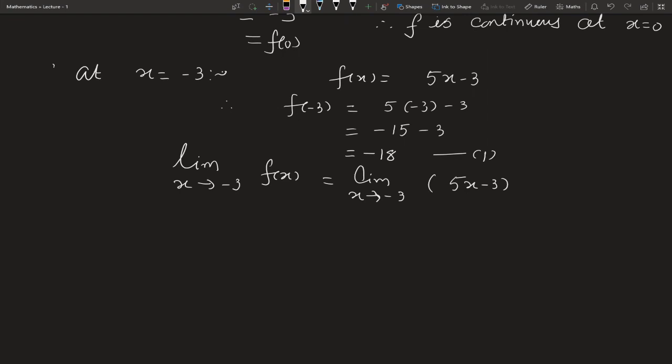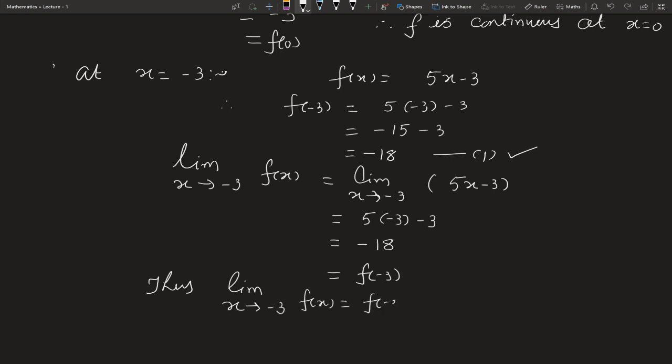We know how to evaluate this limit, put x equal to minus 3, 5 into minus 3, simplification is minus 18, by result 1 this is nothing but f of minus 3. So we have proved that limit x tends to minus 3 of f of x equals f of minus 3, and therefore f is continuous at x equal to minus 3.